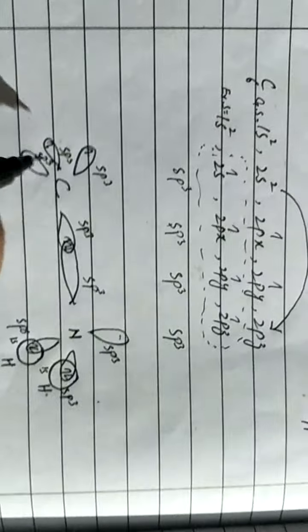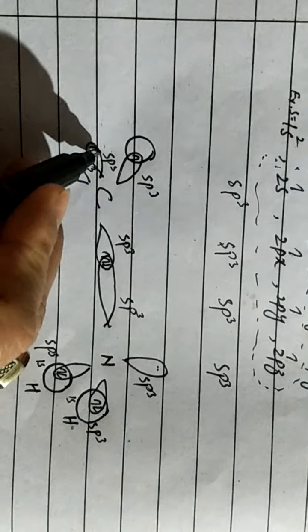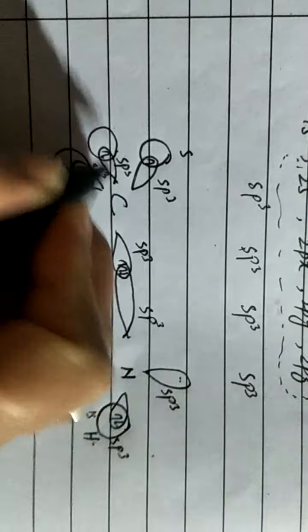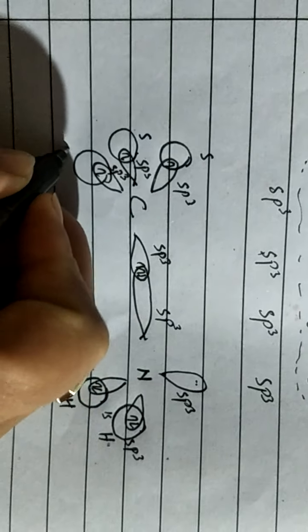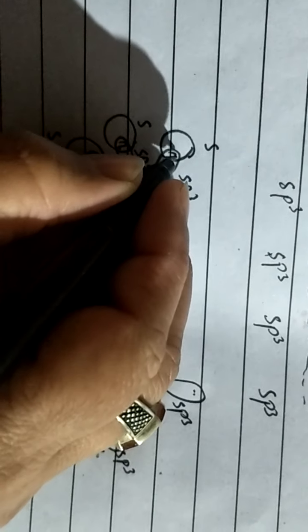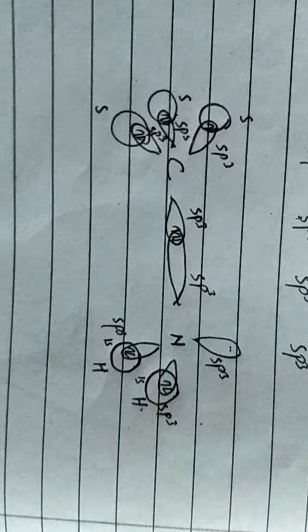And carbon from this side is bonded with hydrogen. Carbon is bonded with 3 hydrogen atoms by sp3-s overlap. The s orbital of hydrogen also contains one electron.